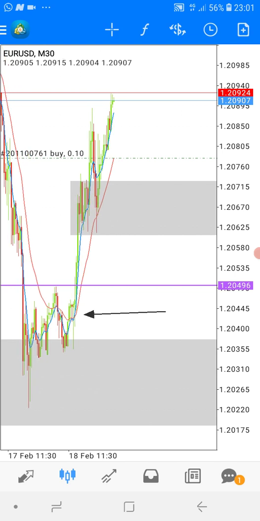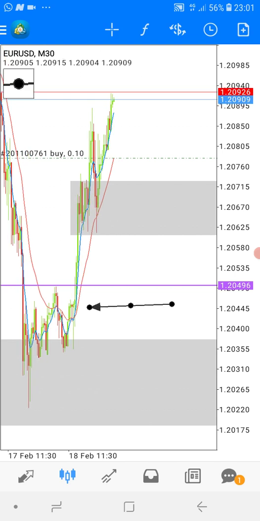Well, since that didn't happen, I just let price go, and I didn't have FOMO of not taking a trade. That's one of the other things that you guys need to be careful of, having fear of missing out on trades. Just let price give you another zone, and this is what price did.